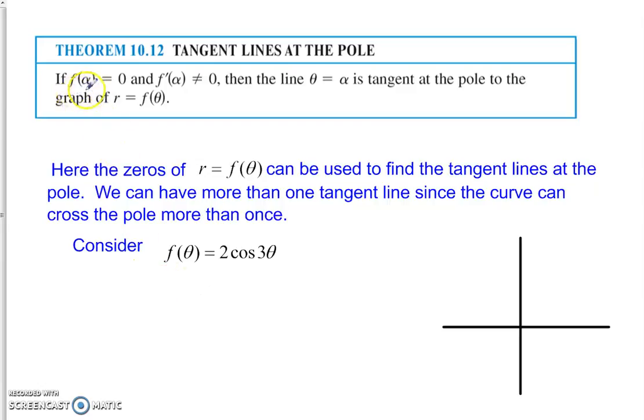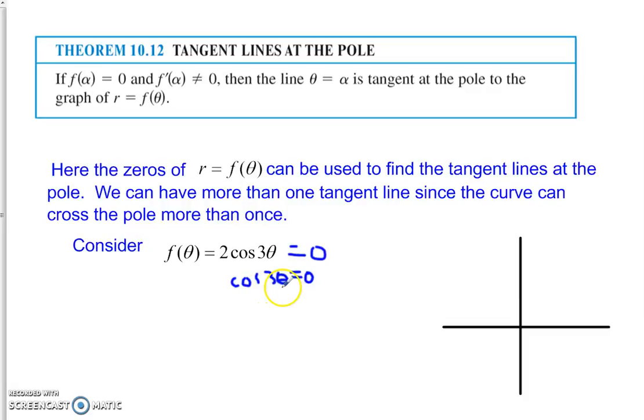Okay, so when does this equal 0? Is my question, because that's what I'm going to need. So obviously we can divide by 2, and that works out to be cosine 3 theta equals 0.